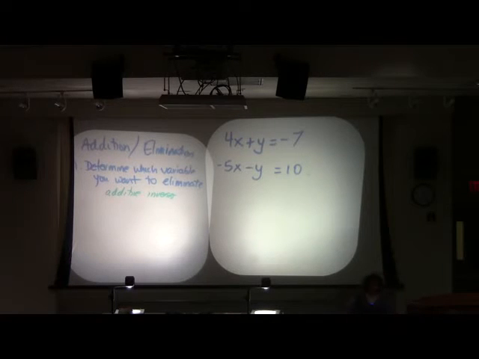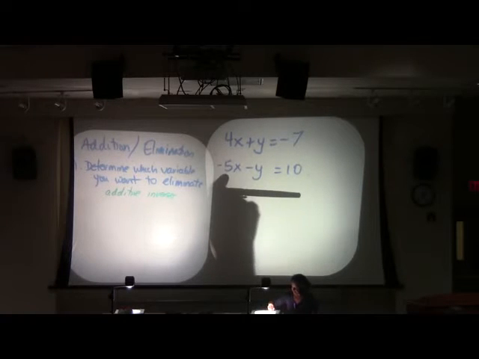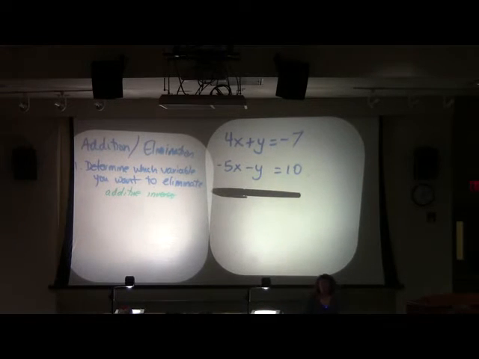Okay? Now, for example, I look at this guy and I see a 4 and a -5. Well, if I wanted to get rid of my x's, I would ask myself, what do both 4 and 5 go into? And you would all tell me 20. So do you guys agree if I had a positive 20 here and a -20 here, if I added these two equations together, my x's would cancel?